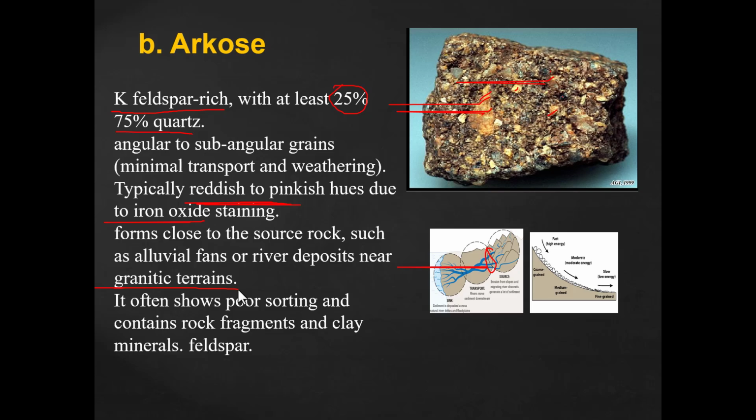After the breccia conglomerate comes the Arkose. Sometimes you can see rocks just like Arkose, but a bit bigger, so it's rather breccia or conglomerate. It often has poor sorting, and as I just said, it has other rock fragments and sometimes clay minerals.